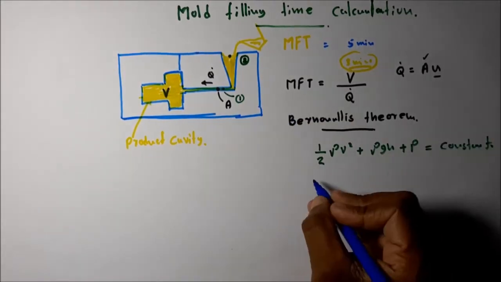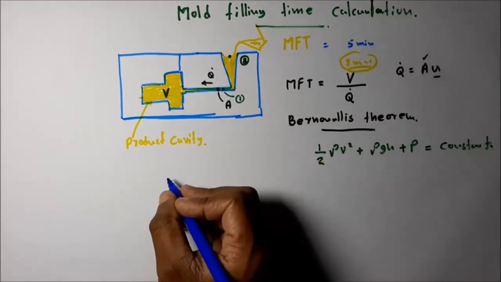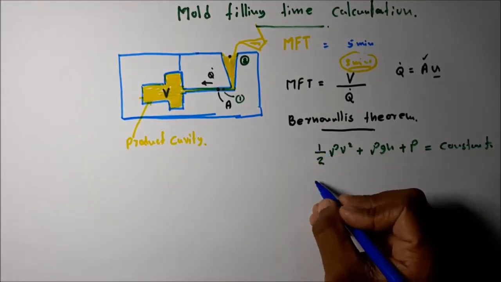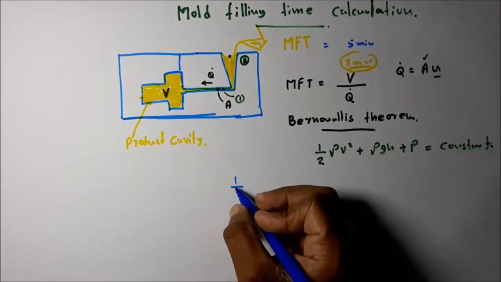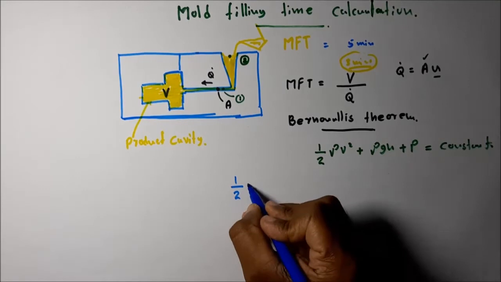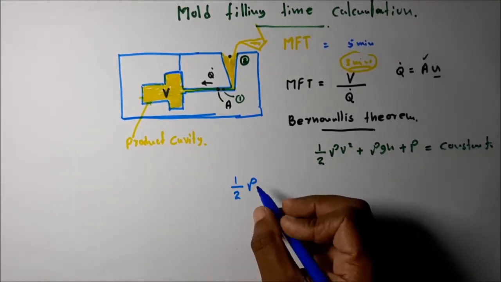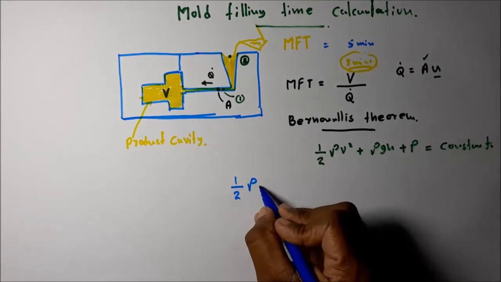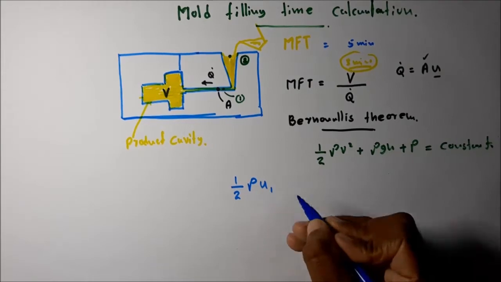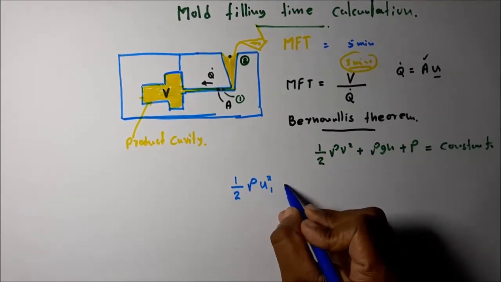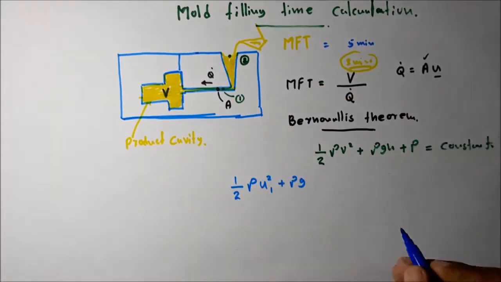Let me apply Bernoulli's theorem for point 1. We can write half into rho U1 square, where U1 is the velocity through that point, plus rho g times the height.